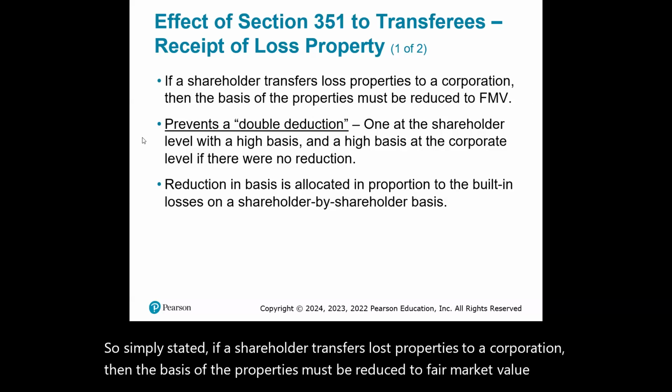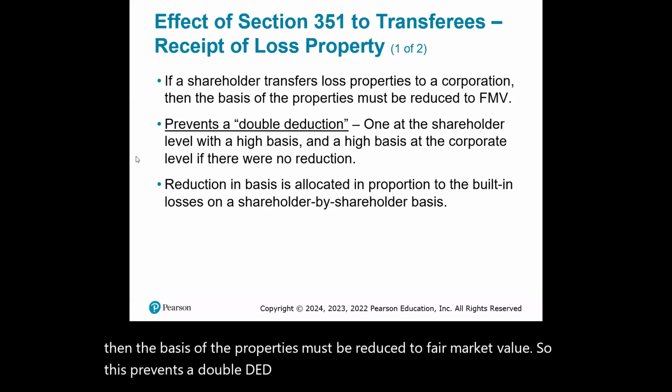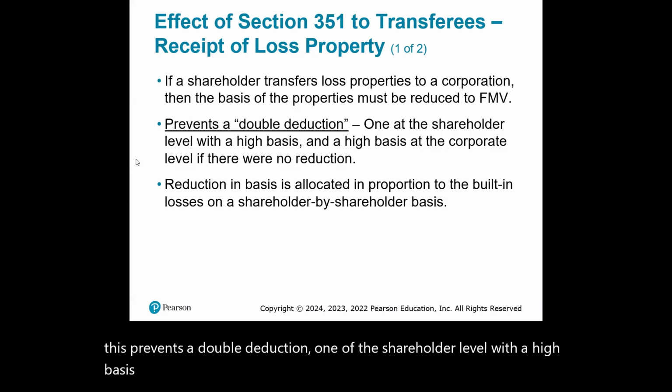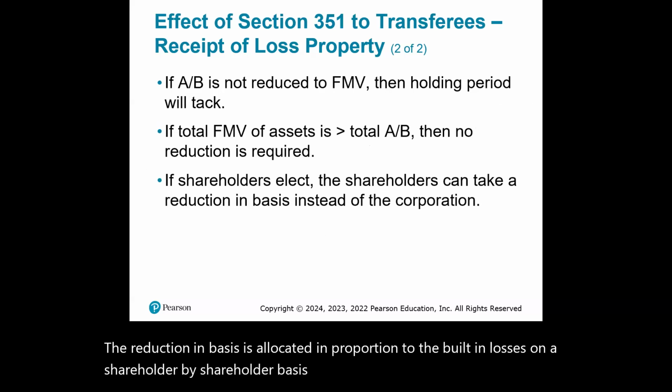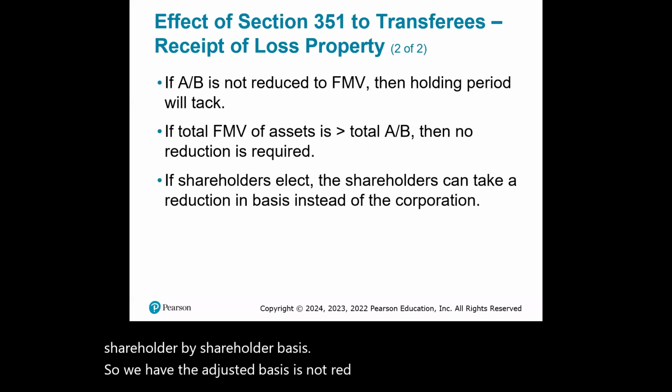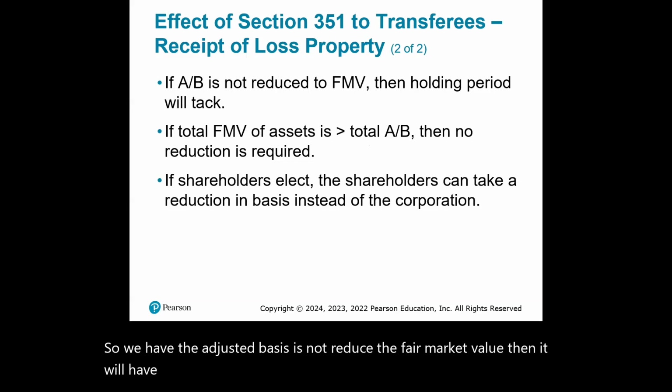So this prevents a double deduction, one at the shareholder level with a high basis and a high basis at the corporate level if there were no reduction. The reduction in basis is allocated in proportion to the built-in losses on a shareholder by shareholder basis. So if the adjusted basis is not reduced to fair market value, then it will have an impact on the holding period.